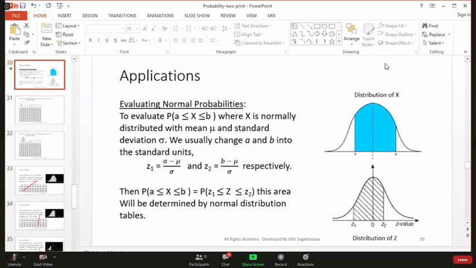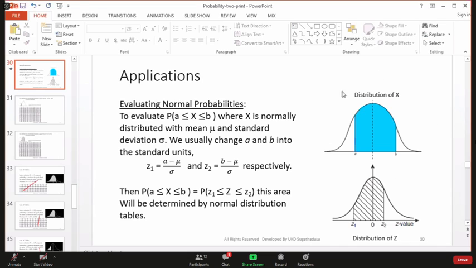This is our normal distribution X, right? This is the converted normal, the standard normal. This is the distribution of X, and this is the distribution of Z.